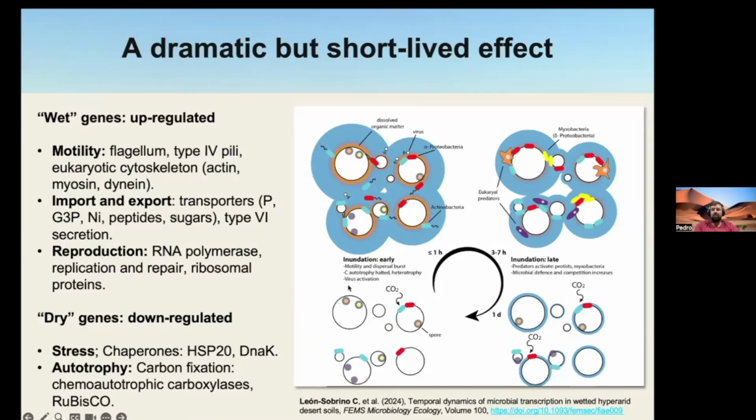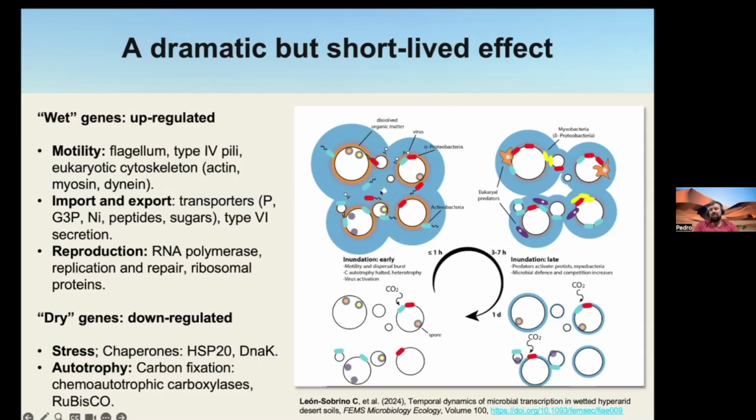But once you have water, very quickly, within 10 minutes, the whole landscape changes, where the fast growers, including viruses, are expressing a lot of different genes, including motility genes, import and export genes, as well as reproduction genes. That basically allows them to reproduce and expand their colonies, right?